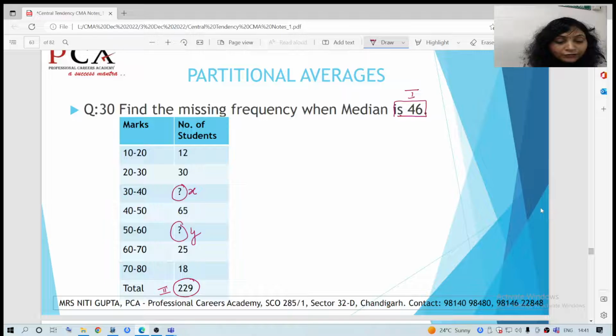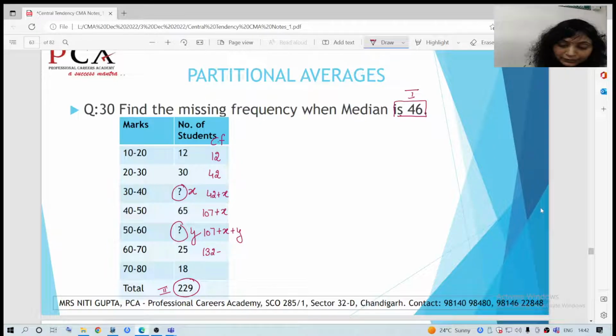Now let's solve. Class intervals are already in ascending order. Next step is CF, cumulative frequency. So this is 12, 30 plus 12 is 42, 42 plus x, 107 plus x, 107 plus x plus y, 132 plus x plus y, 150 plus x plus y.